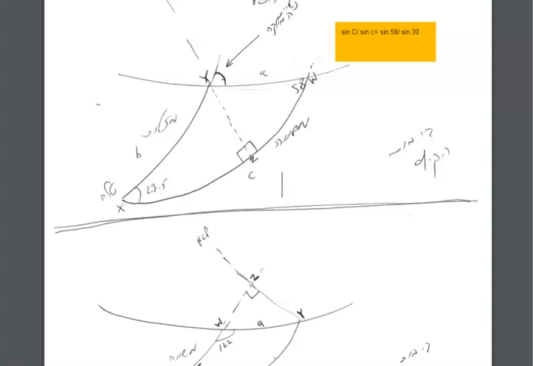So we can rewrite this as sine c is equal to, you just flip, sine 58 times sine c, divided by sine 30.